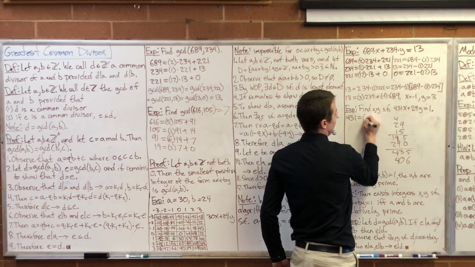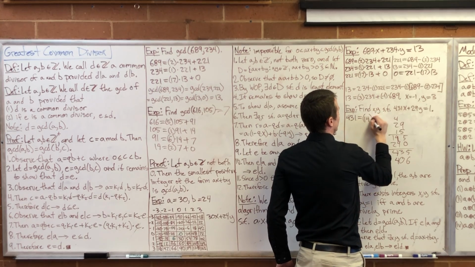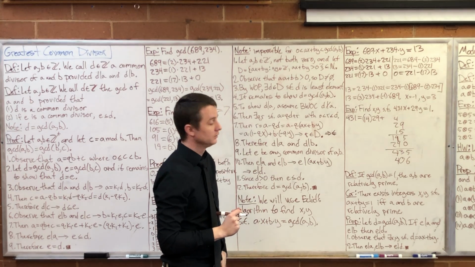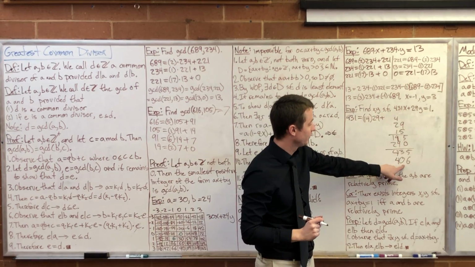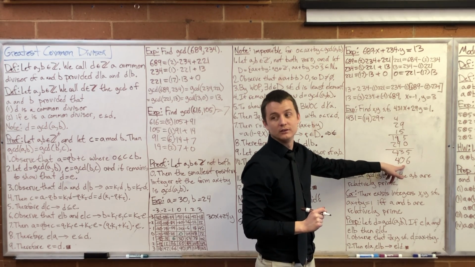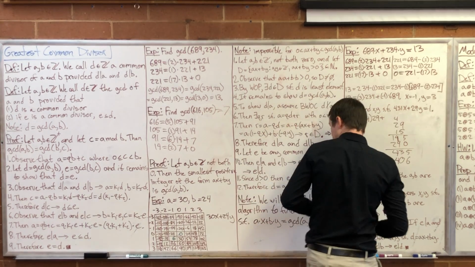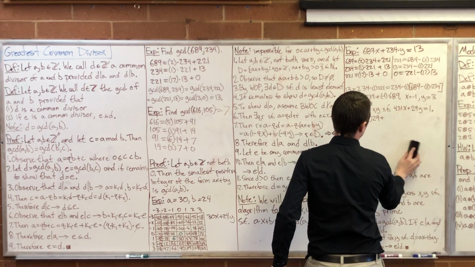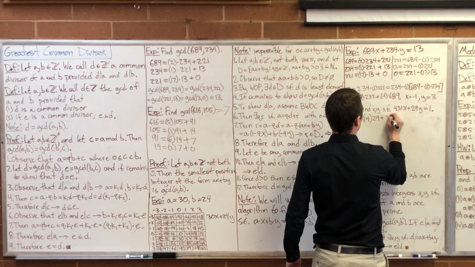So, 431 is equal to how many 29s? 14 29s plus what? We're trying to get to 431. That goes to 406. 25. 25, thank you. So let's erase this stuff and put in 25.